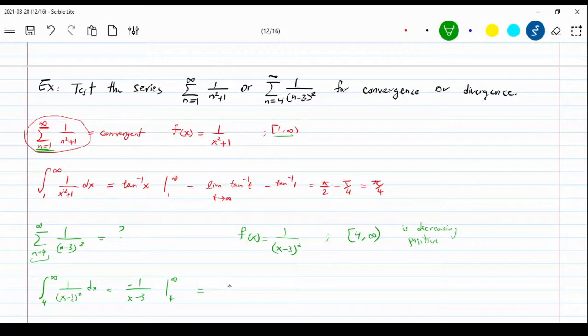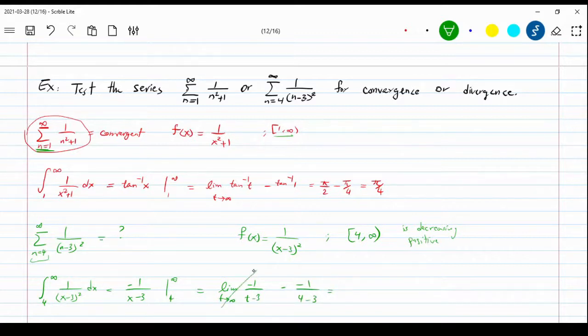If you calculate this, it is the limit of negative 1 over t minus 3, t approaching infinity, minus the limit of negative 1 over 4 minus 3.